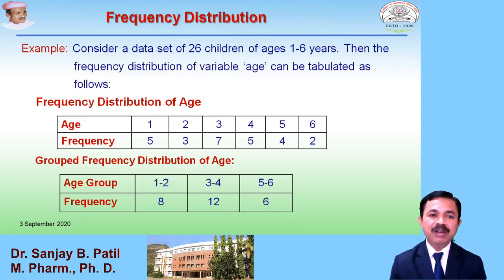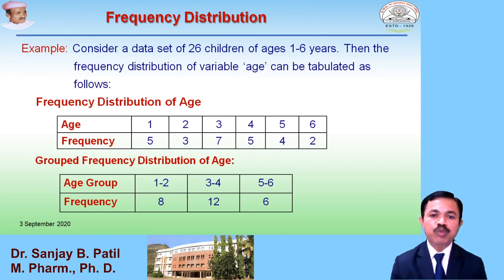For example, consider a data set of 26 children of ages 1 to 6 years. Then the frequency distribution of the variable age can be tabulated as follows. So this is the frequency distribution of age.